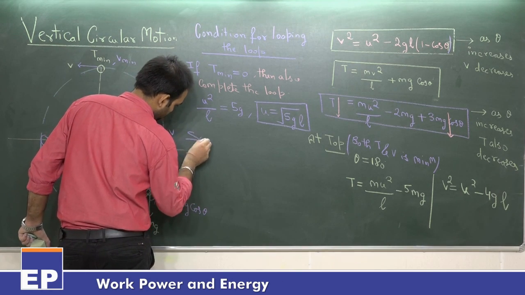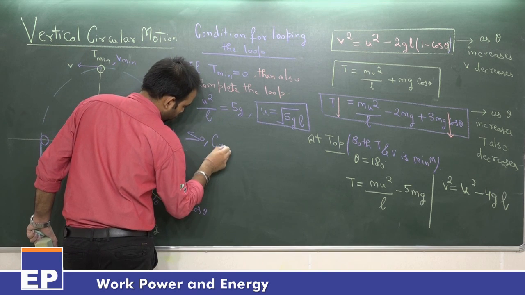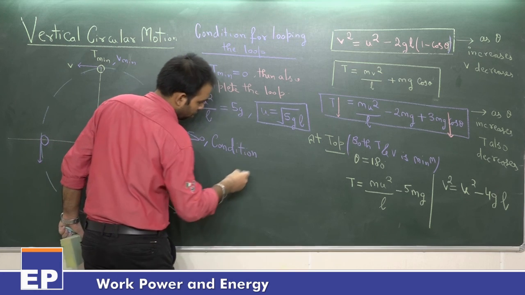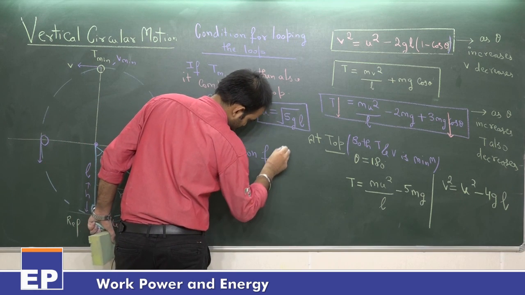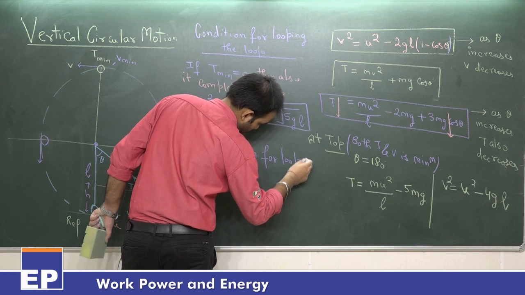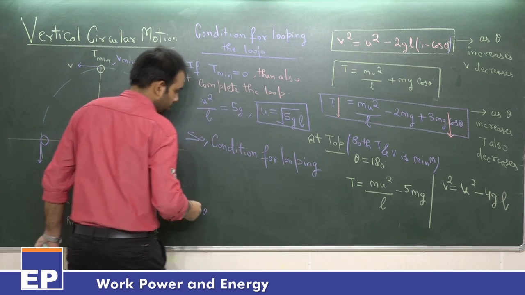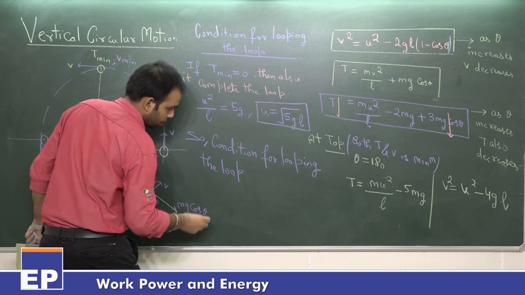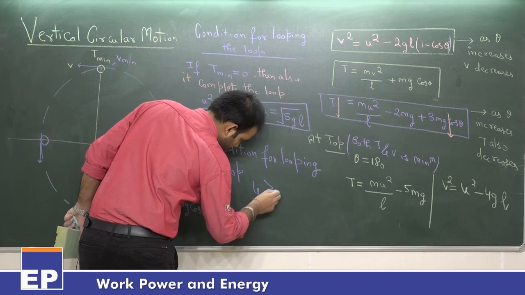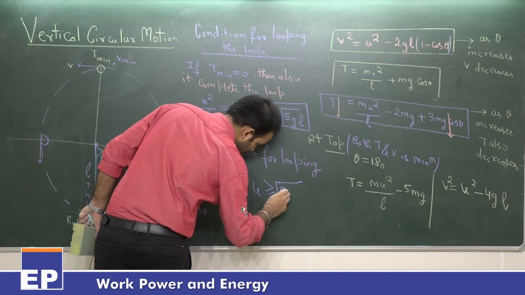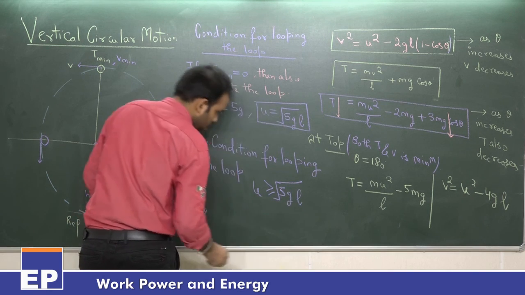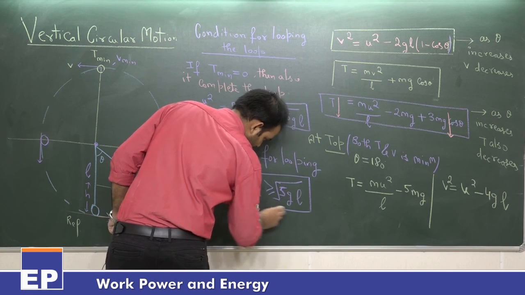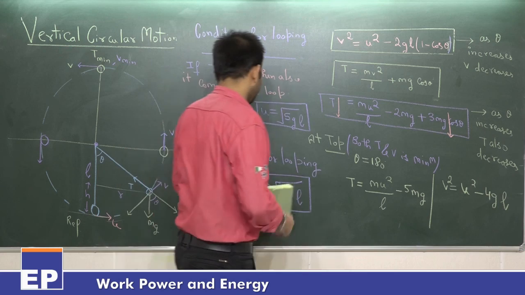So, condition for looping the loop is, उसका जो u होना चाहिए वो रूट 5gl के तो बराबर हो या उससे बड़ा हो. जब उसके बराबर या बड़ा होगा तभी वो इसको कंप्लीट कर पाएगा, अदरवाइज कंप्लीट नहीं कर पाएगा. Is it clear?